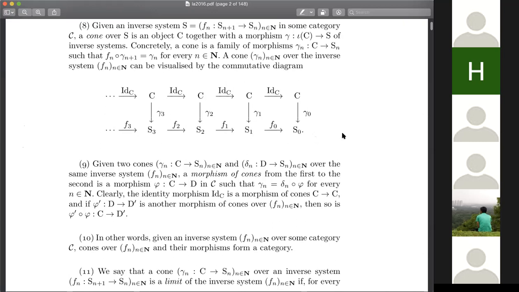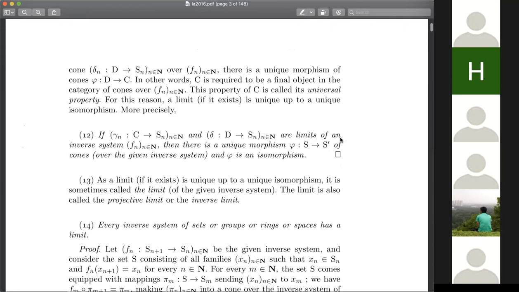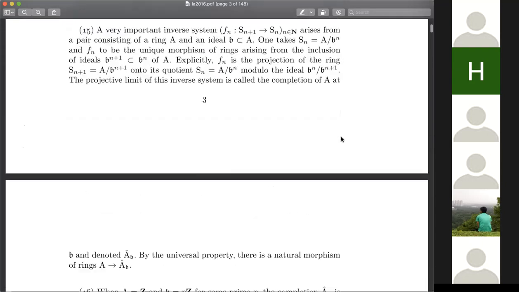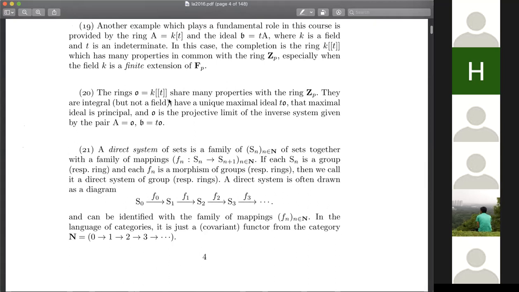Now, what is the inverse limit of this inverse system of rings? The inverse limit is the ring of formal power series in the same variable t. Okay, so you have the polynomial ring. There are finite expressions in your indeterminate t, right?